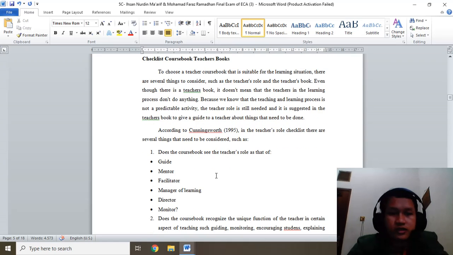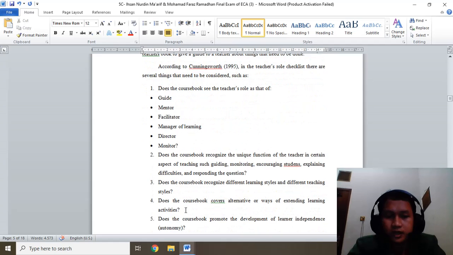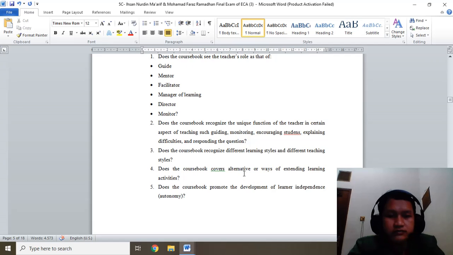The first one is, does the course book see the teacher's role as that of guide, mentor, facilitator, manager of learning, director, and monitor? And the second is, does the course book recognize the unique function of the teacher in certain aspects of teaching, such as guiding, monitoring, encouraging students, explaining difficult points, and responding to questions?